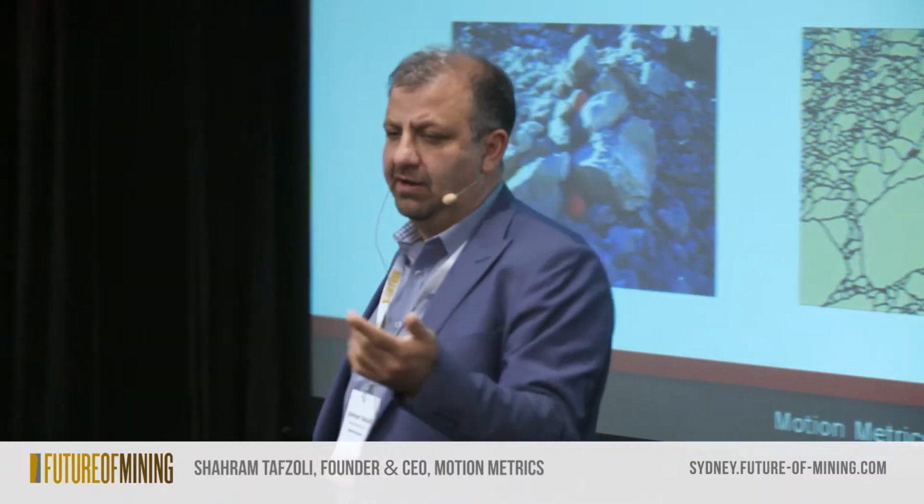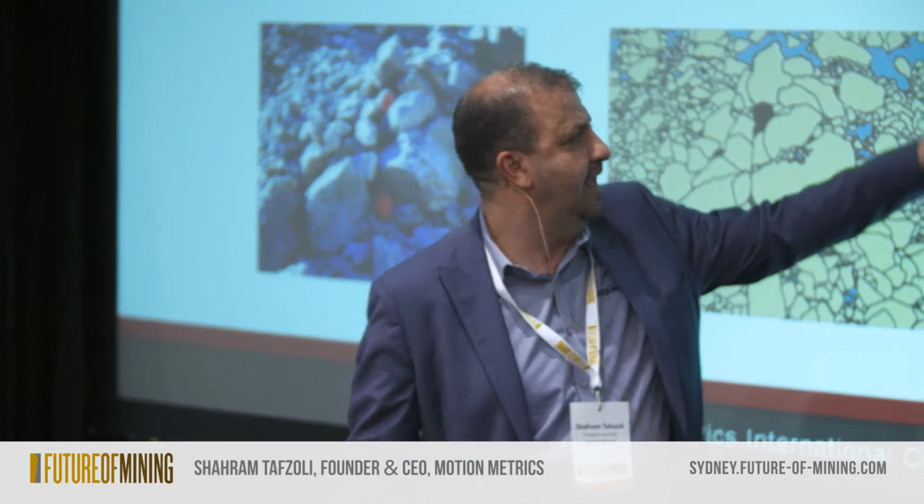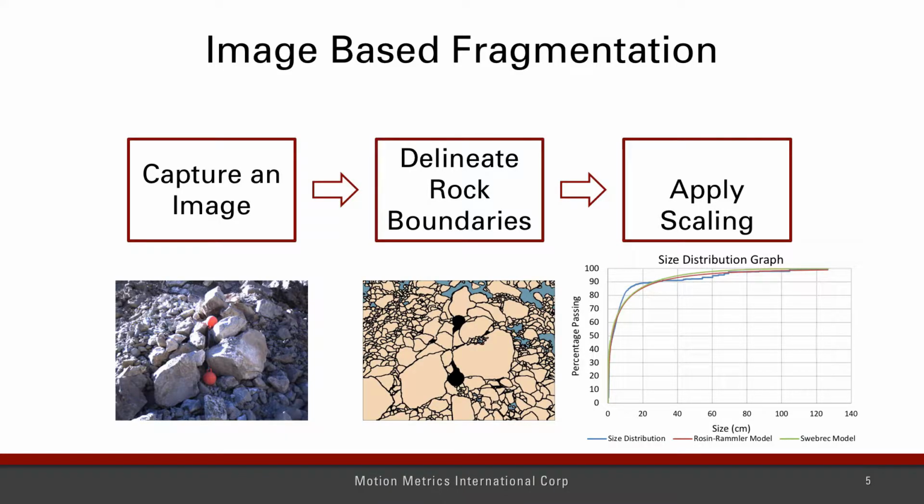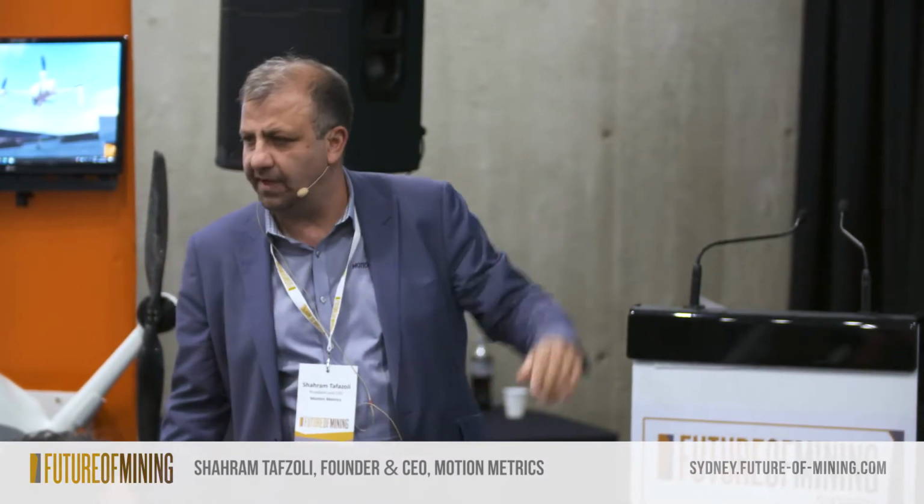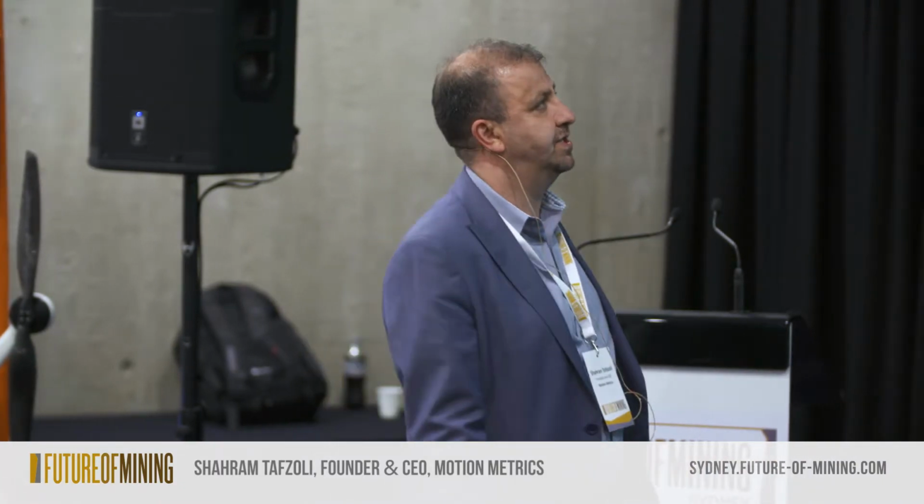Typically, three numbers are of key importance: P80 being the top one, P50 and P100, which is the top size. These are things I have learned over the last few years in mining. So these are the steps of image-based fragmentation.